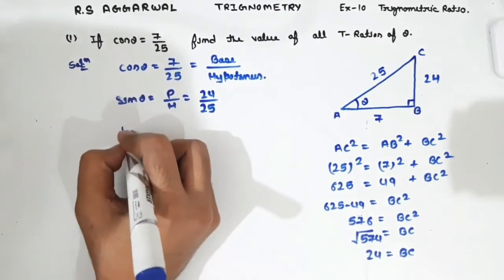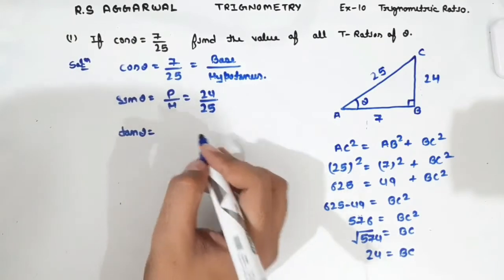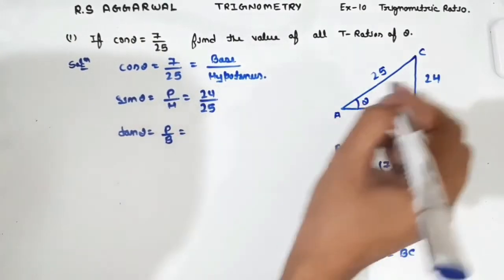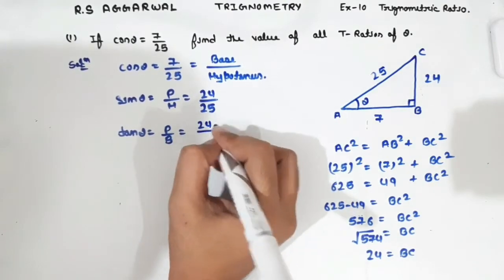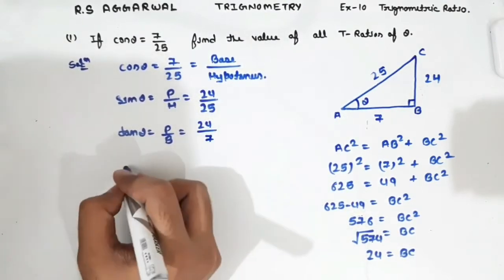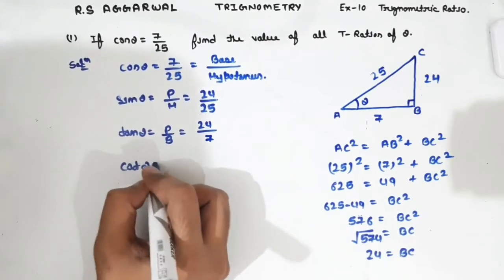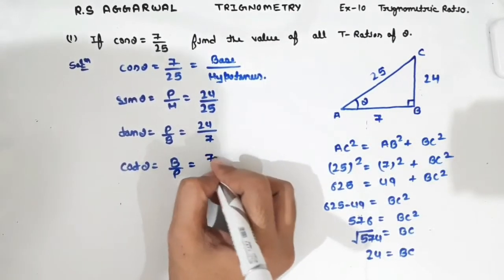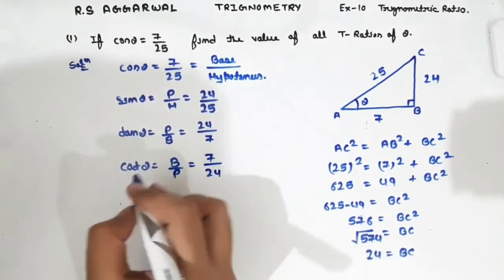Then tan theta is given by perpendicular upon base. So our perpendicular is 24 and base is 7. Then cot theta is given by base upon perpendicular. So our base is 7 and perpendicular is 24.